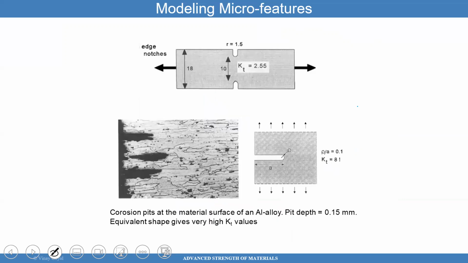Here's an example. I have corrosion pits, right? So instead of modeling that with finite elements, you can approximate the shape of those pits, and then perhaps you're able to analyze this scenario. You can actually analyze that and you get a KT of 8.